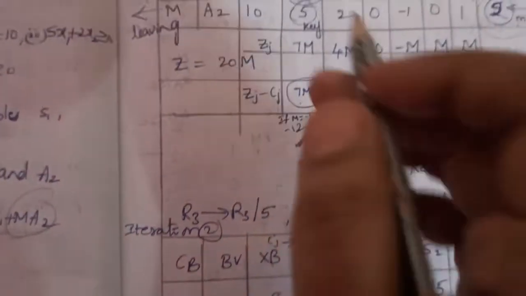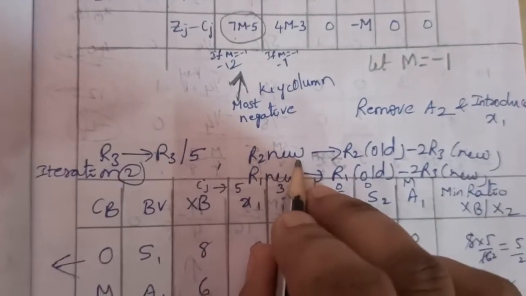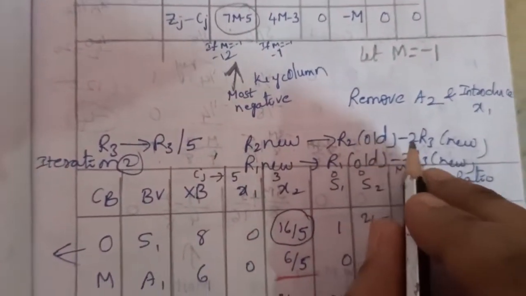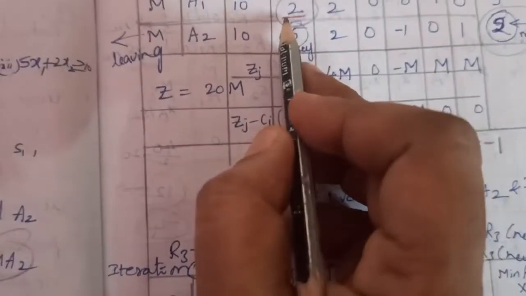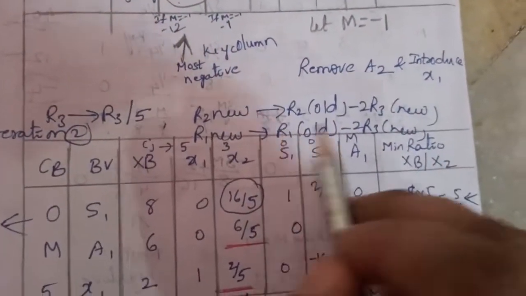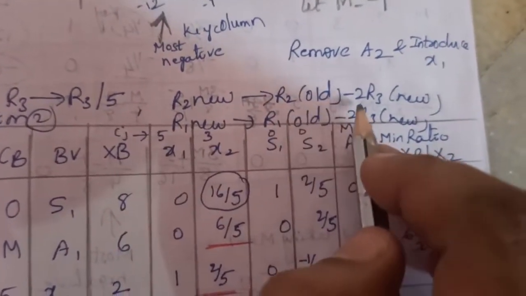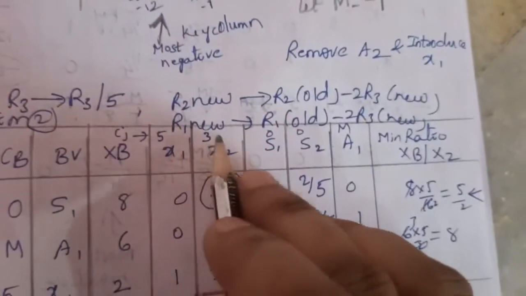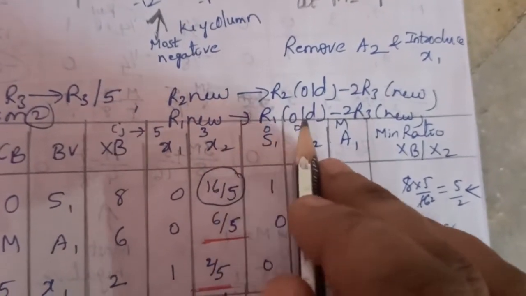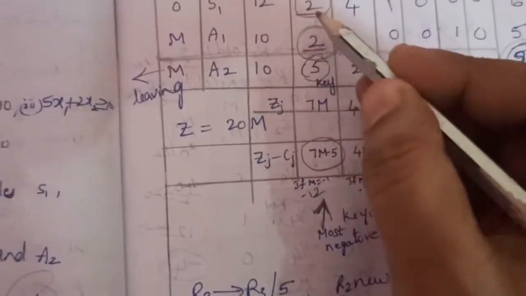And for R1 and R2, we have to take like this: R2 new equals R2 old minus 2 R3 new, and R1 new equals R1 old minus 2 R3 new. These twos are from here I am taking.